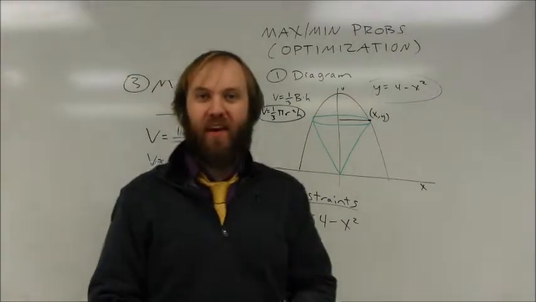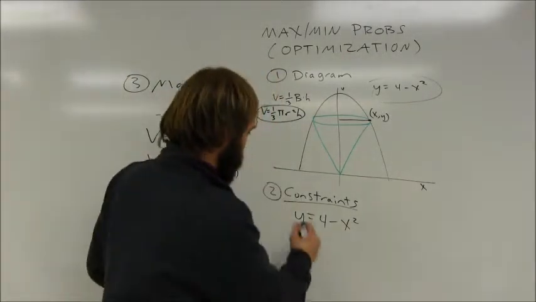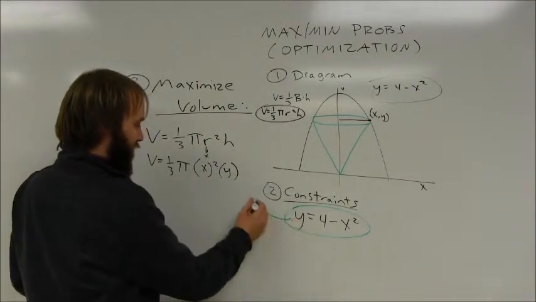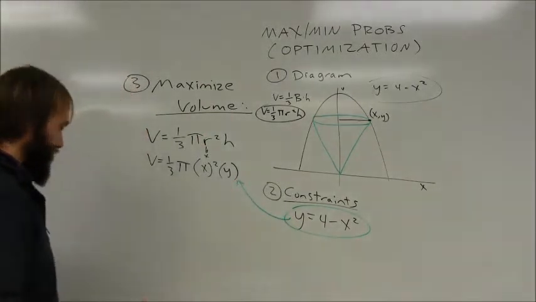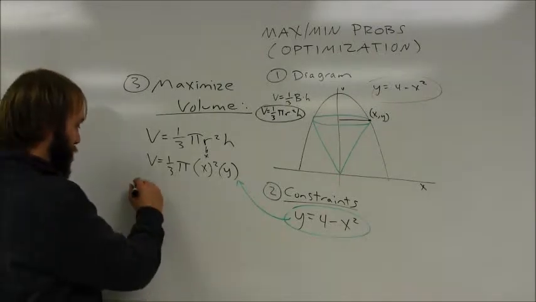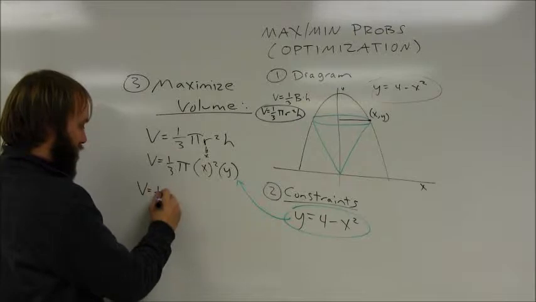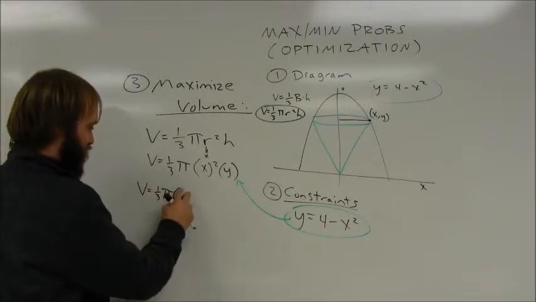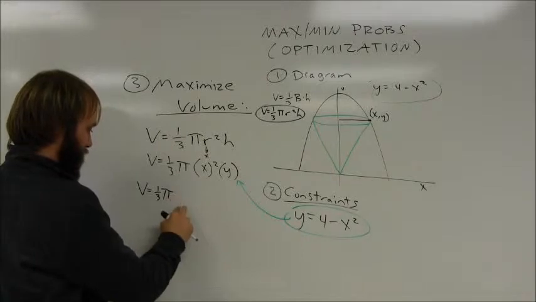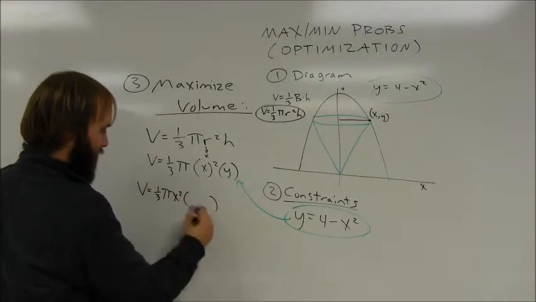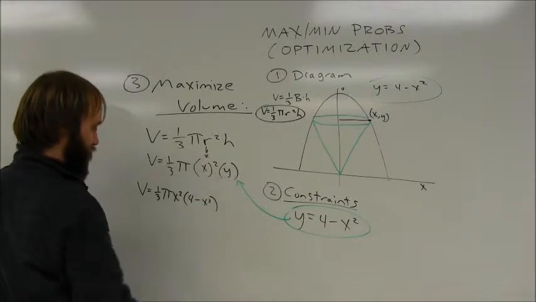That, ladies and gentlemen, is where the constraints equation comes into play. I know that y is equal to 4 minus x squared. I can replace it with 4 minus x squared and write this using only x variables. So I have the following function. It's 1/3 times pi times x squared, and I'm actually going to not write the parentheses this time, times the y value, which I'm going to be replacing with a 4 minus x squared.